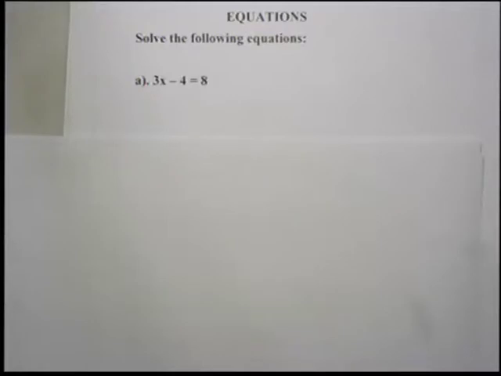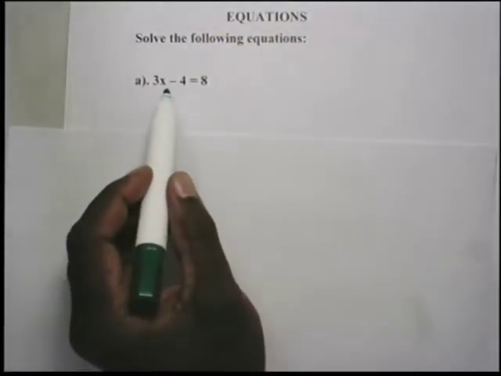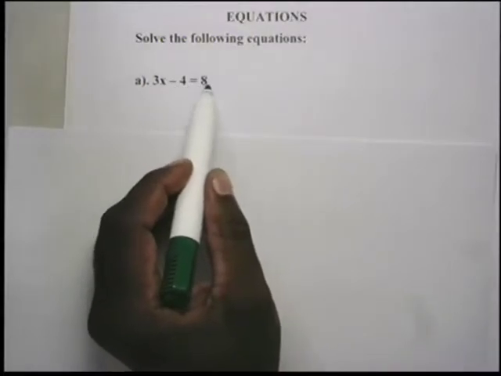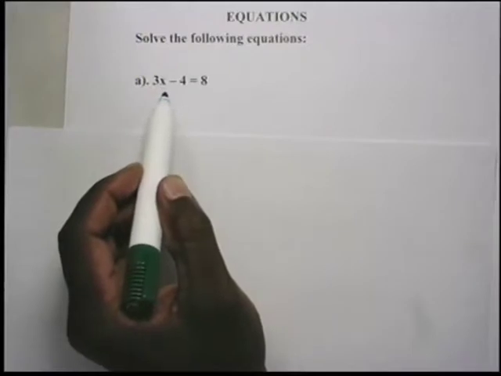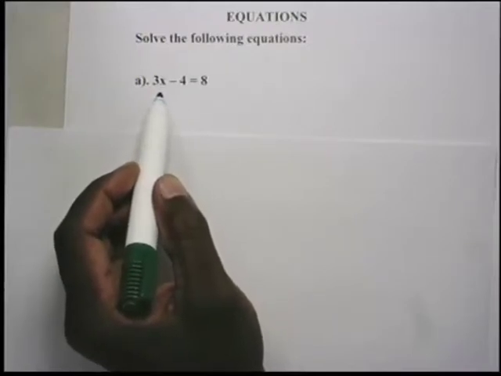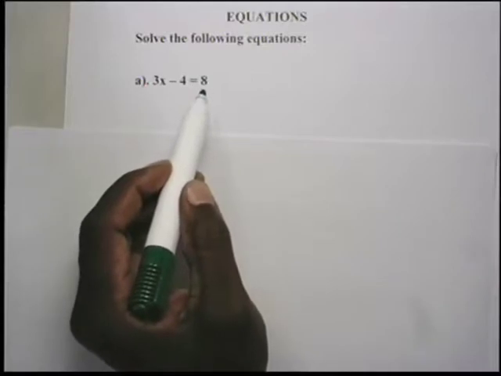In terms of expressions, we cannot solve them, we can only simplify them. Whereas equations, we can solve them. So, now in this particular equation, we are told that 3x minus 4 is equals to 8, meaning we are looking for a number that when multiplied by 3 and 4 is subtracted from it, we get an answer of 8. So the question is, what is that number?